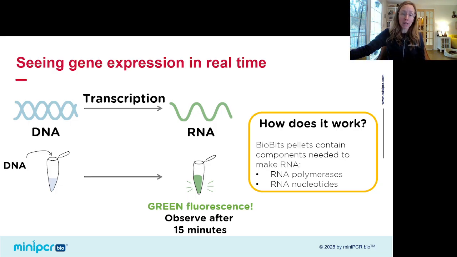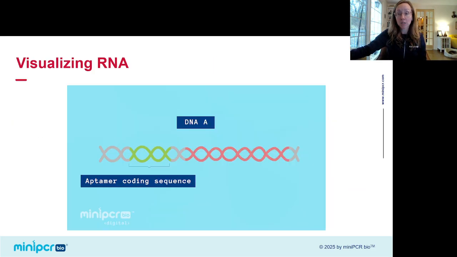And to illustrate how these components go to work on DNA A, I'm going to use an animation from our Central Dogma Digital Lab. This is part of one of the videos that talk students through the lab, and this animation helps illustrate what the molecules are doing in a way that can make things feel more real to students. So we add DNA A to our BioBits pellet.